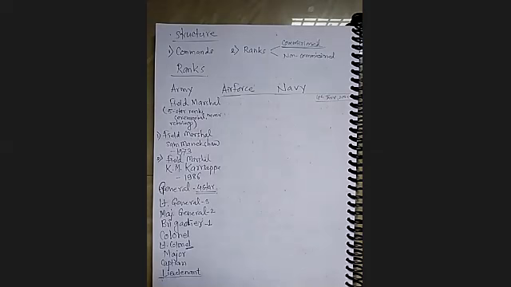I will answer this later on in detail, but just to introduce you to it: commissioned is officer, non-commissioned is not an officer. Fine. And there are some changes in the ranks as well, in payments as well, and in the tenure, right?